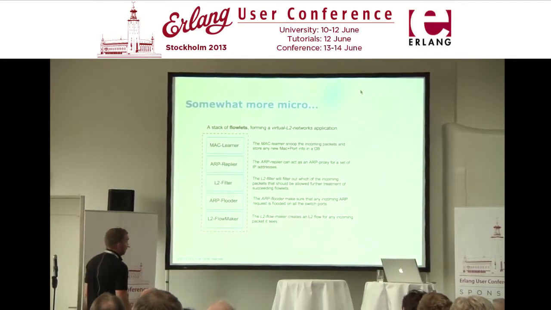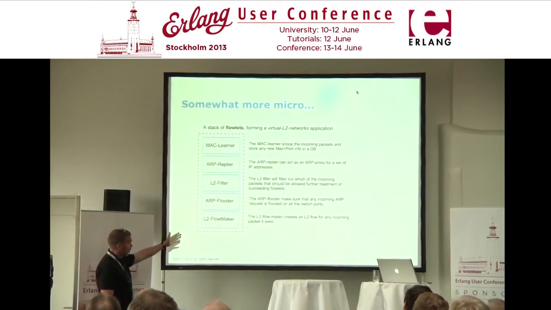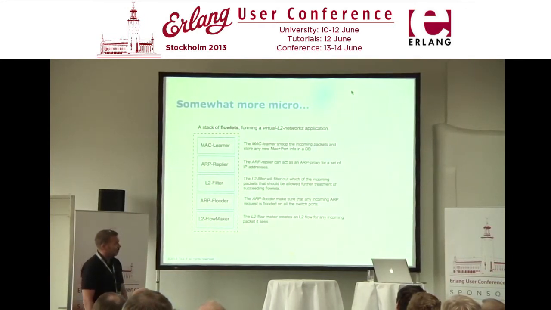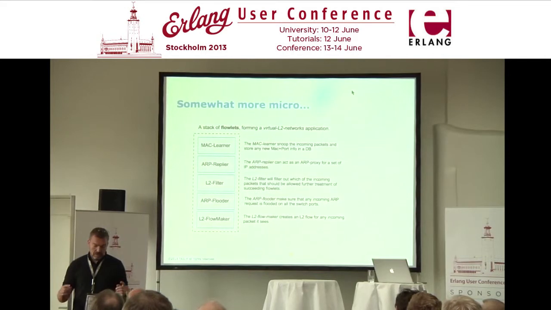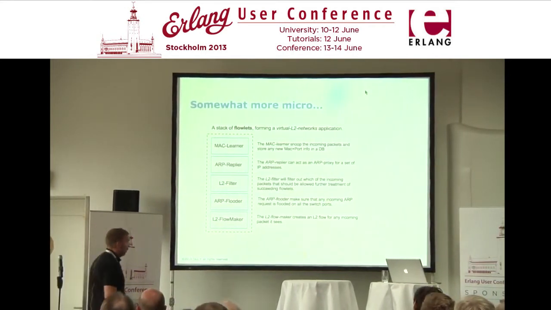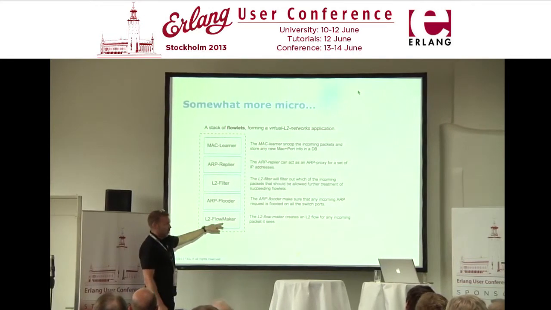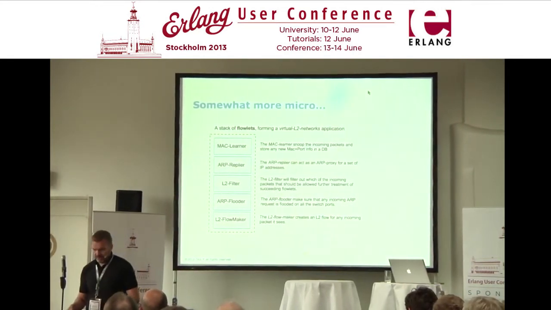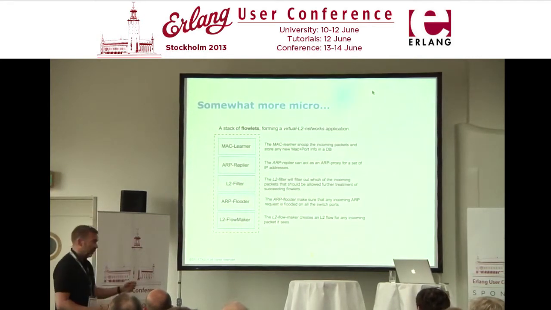If it's not an ARP request, go to the last one, and the only thing it does is to set up a path through the switch, because here we have to know both where the source Ethernet address lives, on what port we have seen it, and also the destination address.